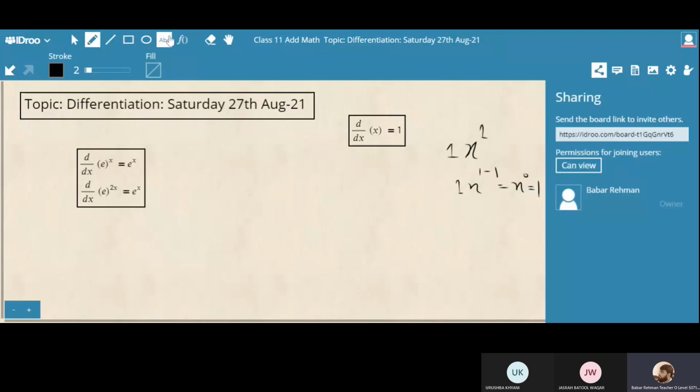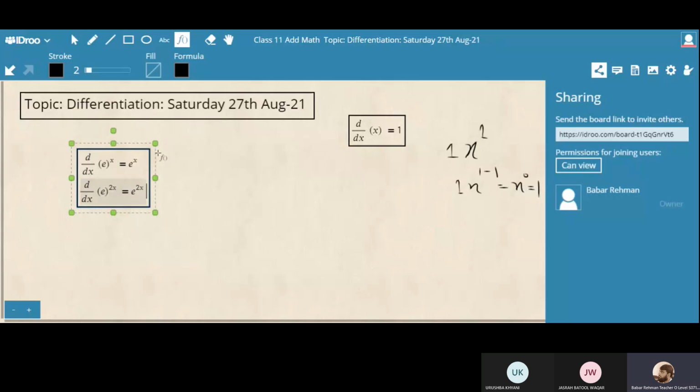So over here, we multiply by 1. That is why this is okay. The derivative of e power 2x is, x is x, but 2x is 2x, so we will also multiply by 2.